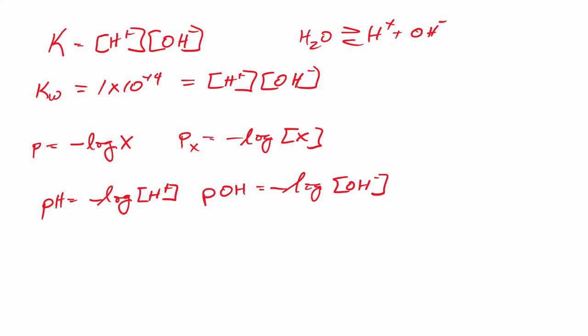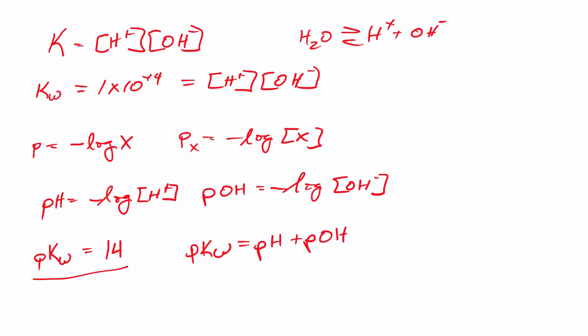Know these equations. So pKw, with 1 times 10 to the minus 14, ends up being 14. This is important because pKw is equal to pH plus pOH, taking the negative log all the way through. So 14 is equal to pH plus pOH.